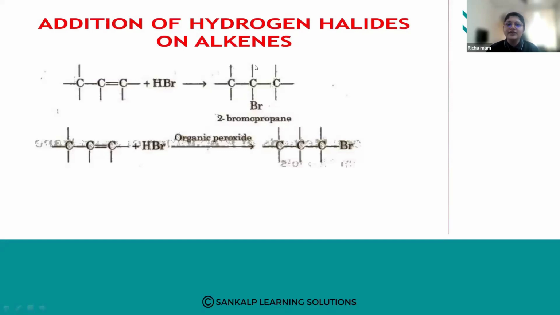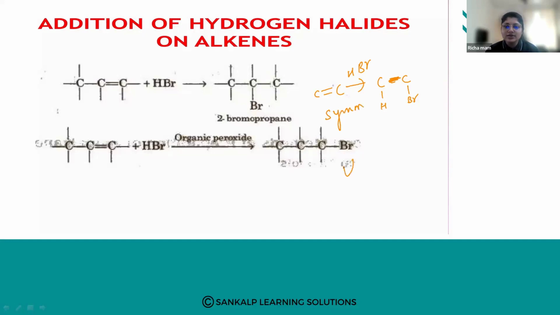If it is a symmetrical alkene, then on either carbon of the double bond, hydrogen will be added to one carbon and bromide ion to the other, across the double bond, when you are adding HBr to a symmetrical alkene.